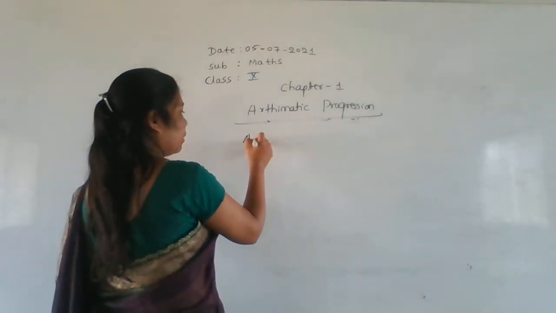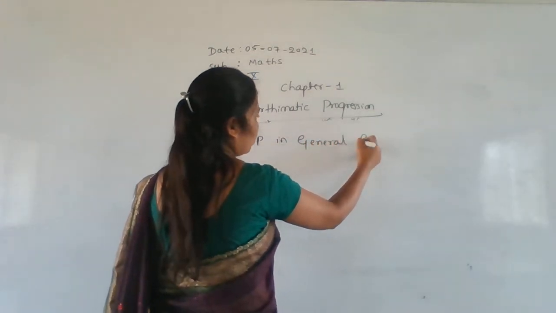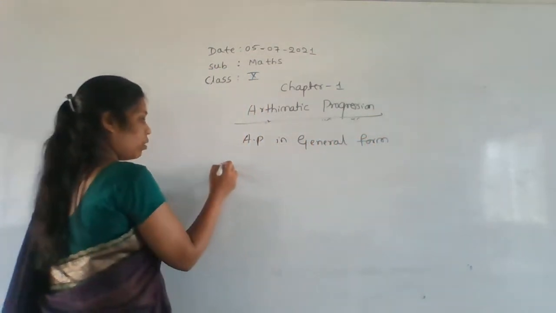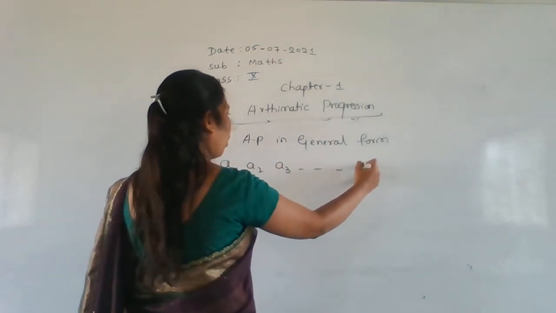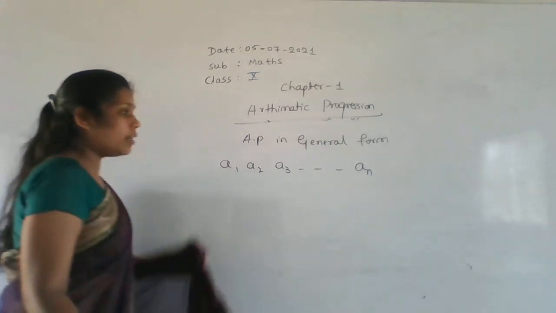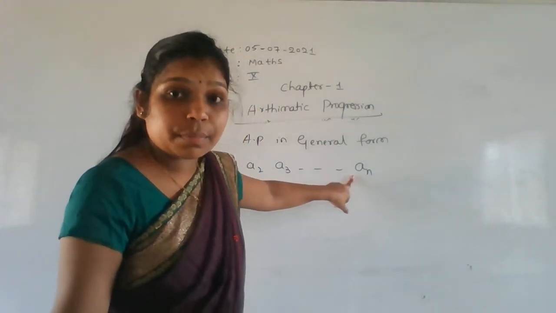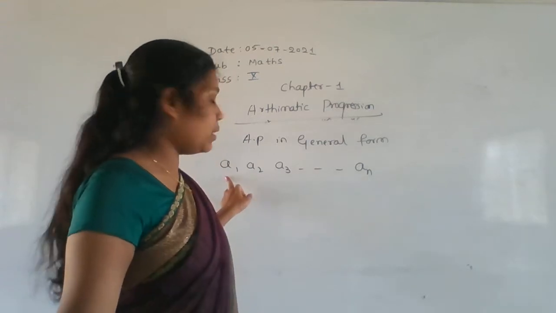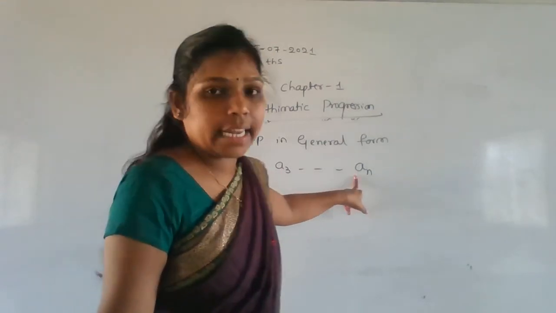So arithmetic progression in general form is nothing but A1, A2, A3, and so on, AN. The first term is A1, and the last term is AN.